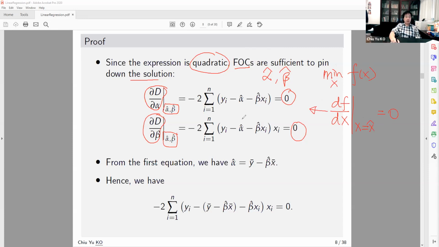So how do you take the partial derivative here? It's exactly the same as taking the normal derivative, right? Maybe I just open this and take it quickly. So the sum of yi minus alpha minus beta xi squared, i from 1 up to n.